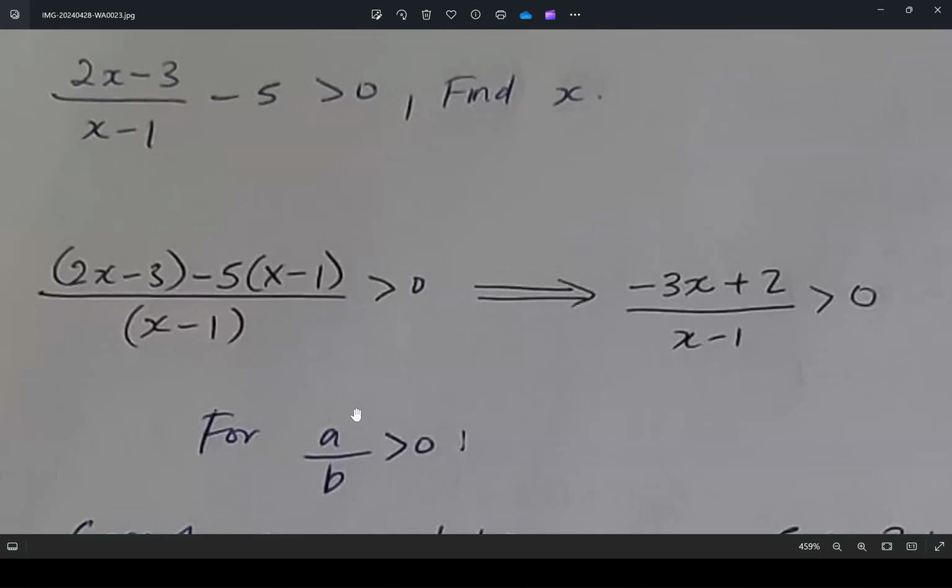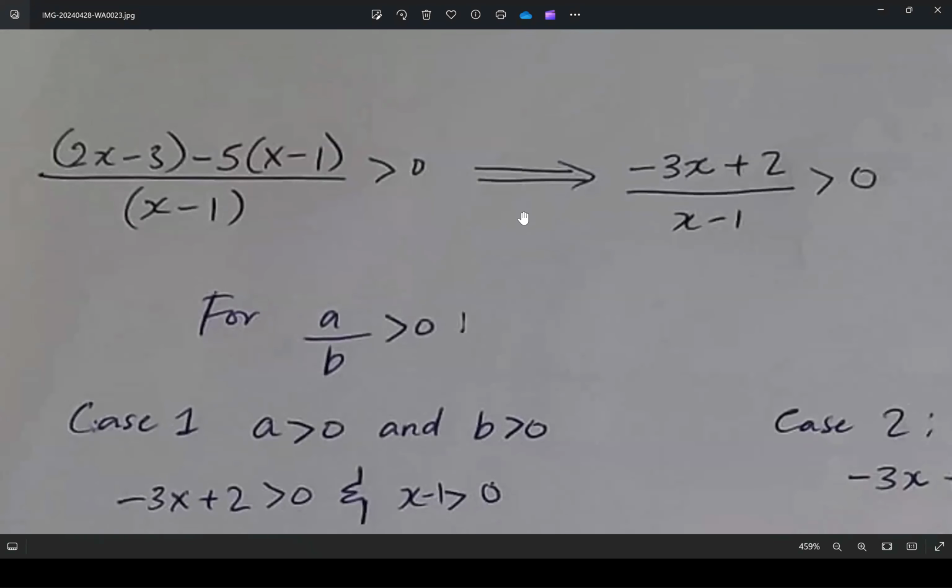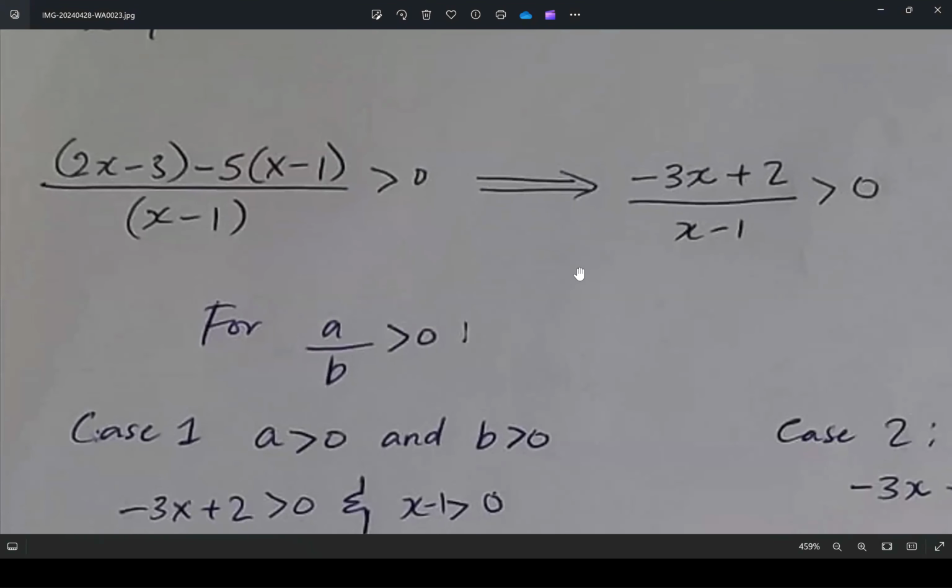If we have a fraction, a over b, then one of two things. We either have both a and b being greater than 0, meaning a and b are positive, right? Imagine 2 over 1. We're going to have a positive number at the end of the day, right?